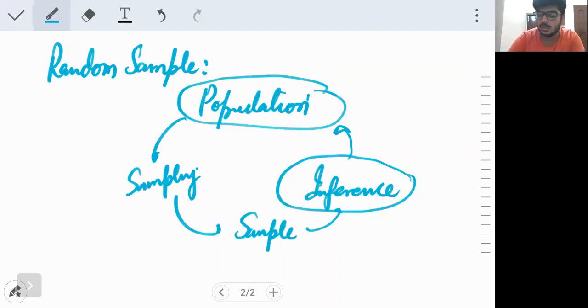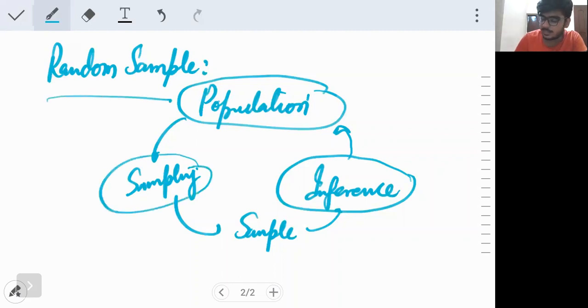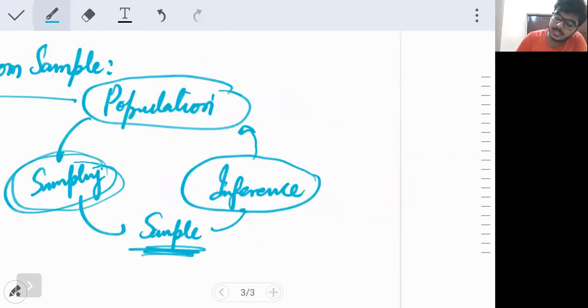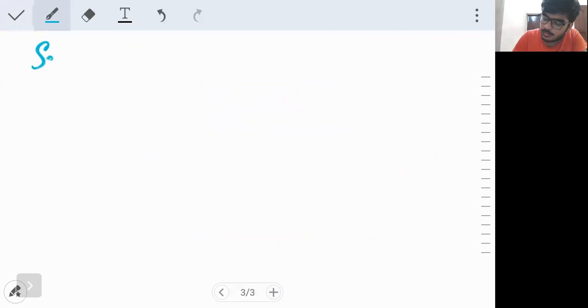Right? Now, using this random sampling, that is the sampling that we take, what is a sample? So the sample is defined with the term sample space.